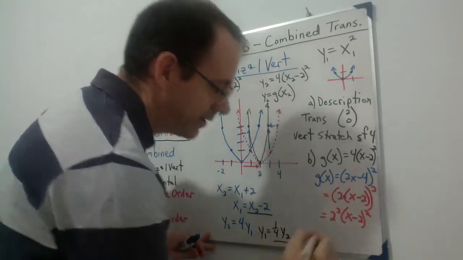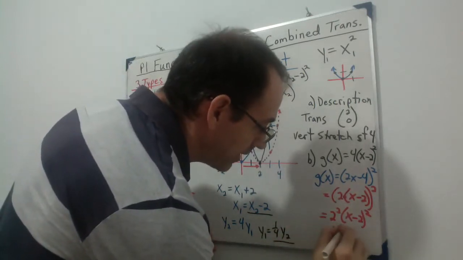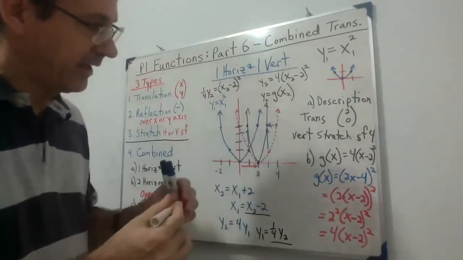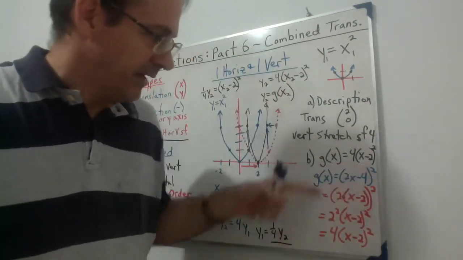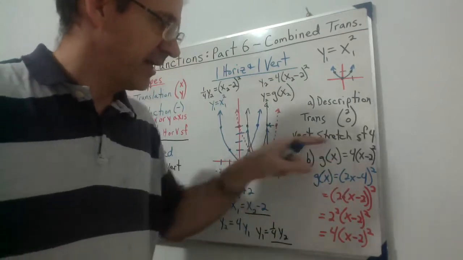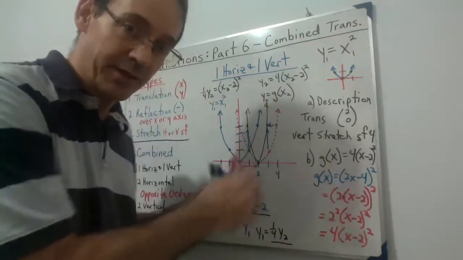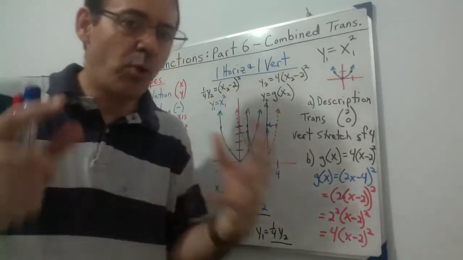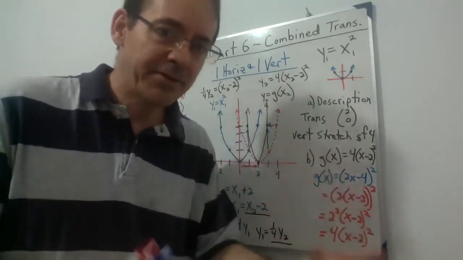And 2 squared is 4. So we can take what they give and rearrange it so that it's the same thing that we came up with.